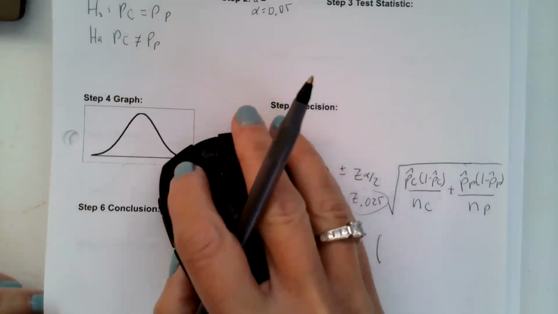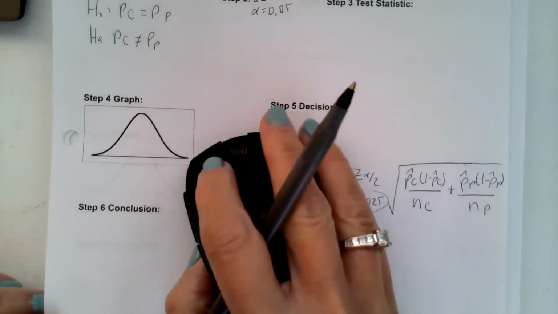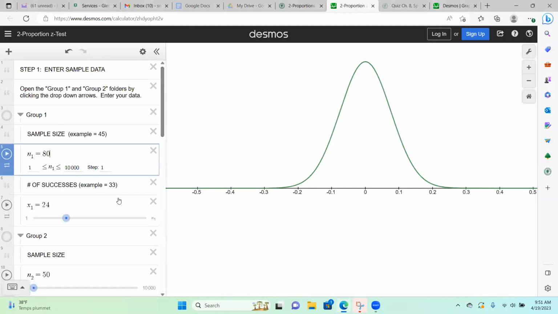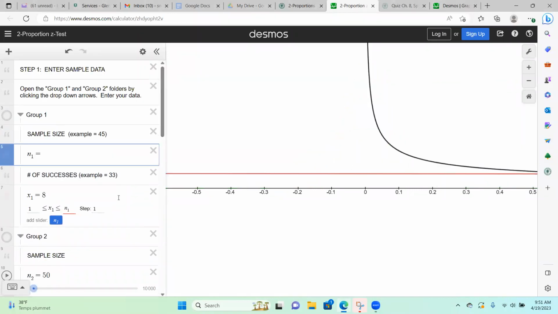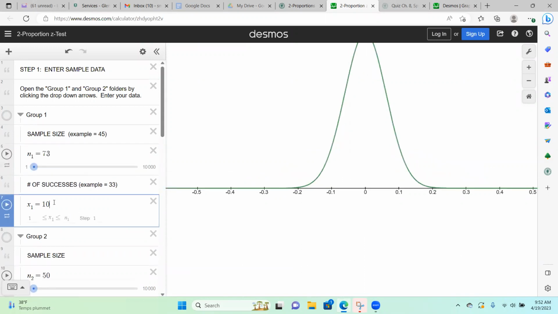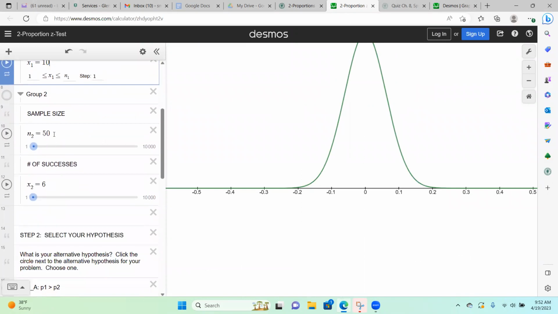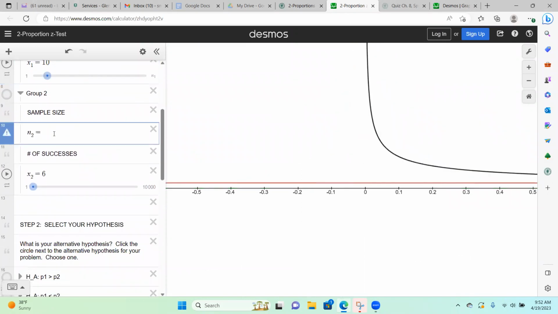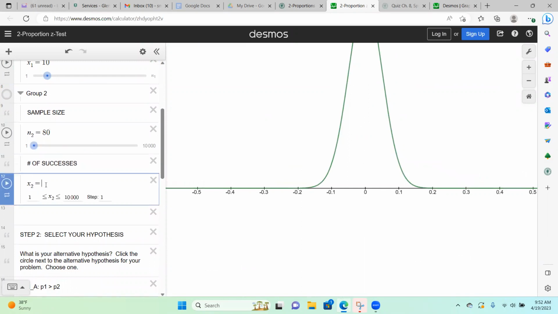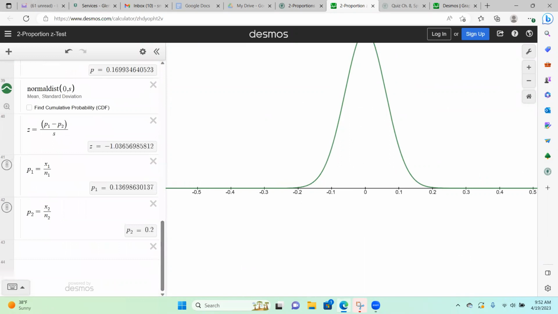So let's go ahead back to our computer program here. So we're going to go up to the top and put in our information. So we had 73 in the sample, 10 from Cleveland. And then we had 80 in the sample and 16 from Philadelphia. So we scroll all the way to the bottom, we'll find the two P hats.